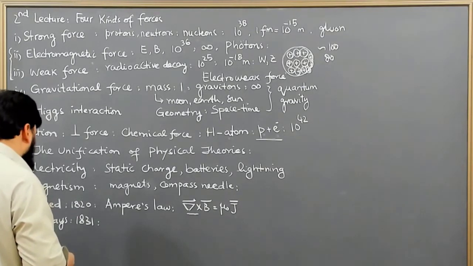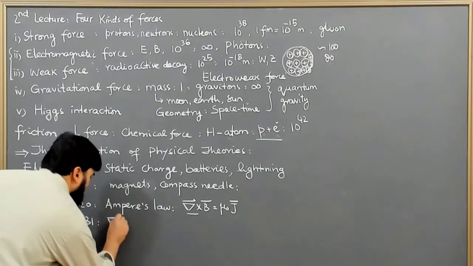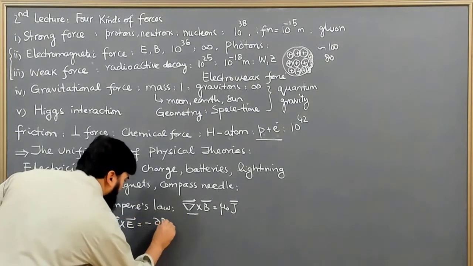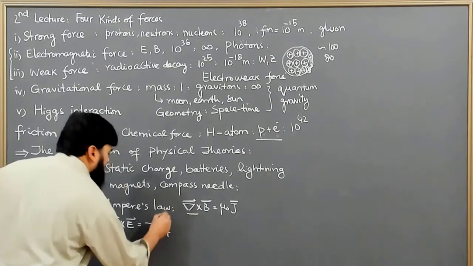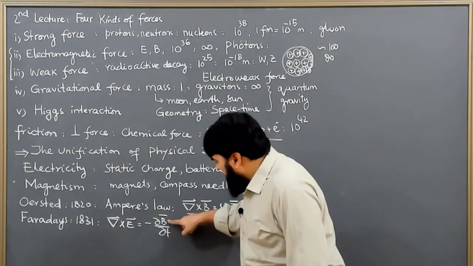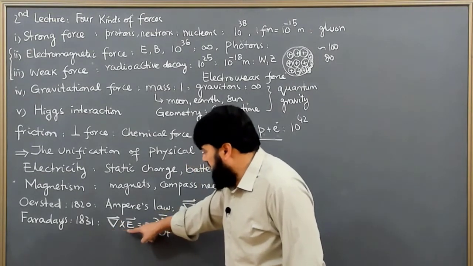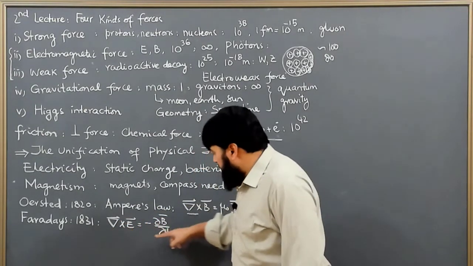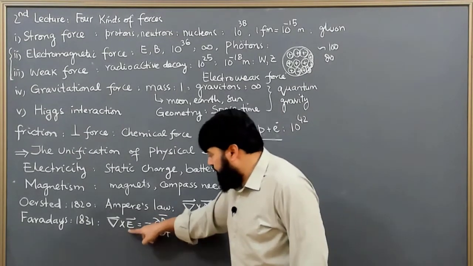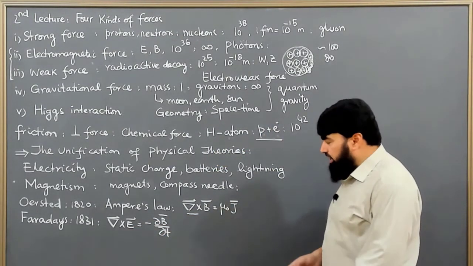This was formulated as del cross E equals minus curly B over curly T. When the magnetic field changes with time, it will cause a curling electric field. So it is the variation of the magnetic field that causes the generation of an electric field, and it was the observation of Faraday.